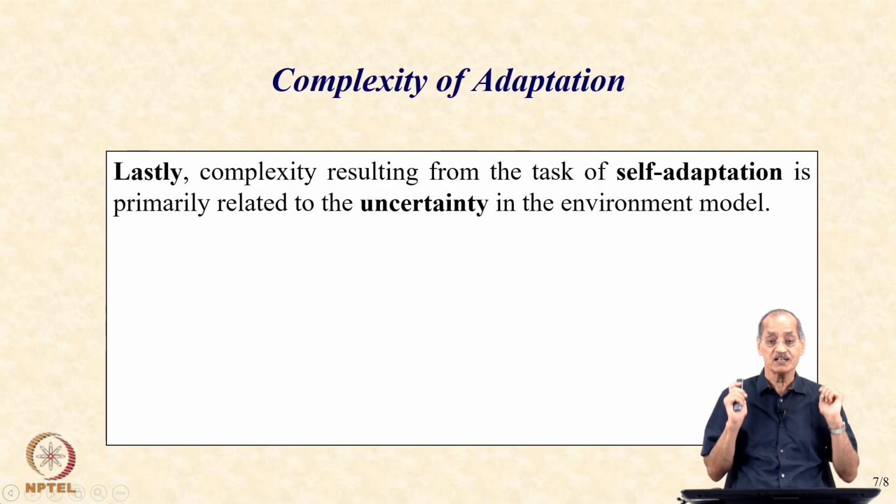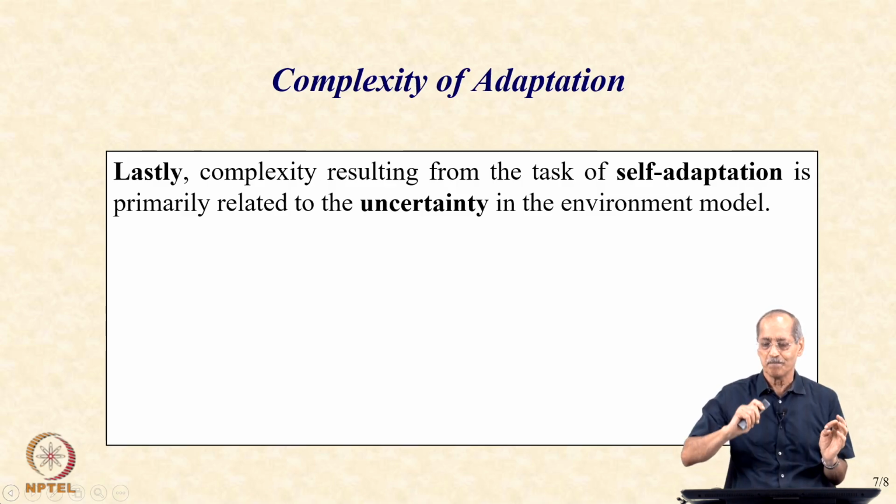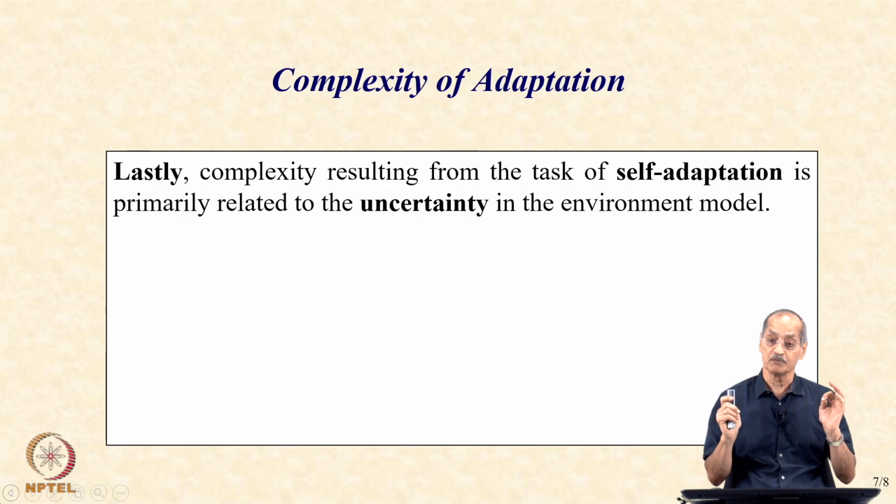But there is uncertainty that is left, because no matter how good our perception is, how good our reflection is, finally there will be some amount of ambiguity or uncertainty in the environment model that we create, which will mean that the impact of any action we take on the model is unpredictable.